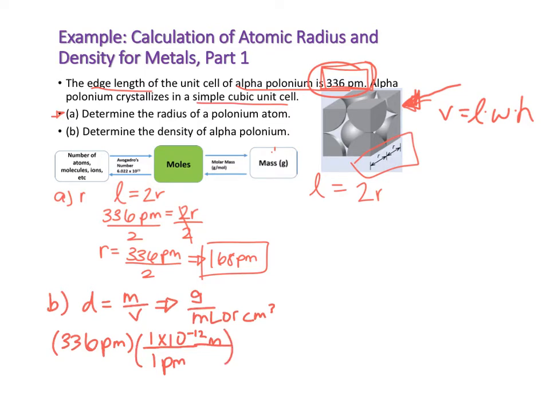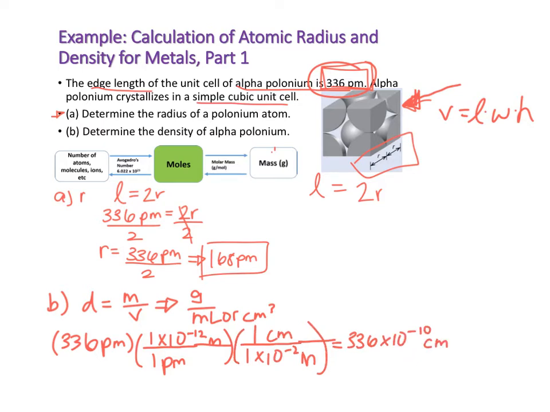Now we can convert to centimeters. So we are going to want meters at the bottom. So 1 times 10 to the negative 2 meters is equal to 1 centimeter. And from there you just plug it into your calculator and you should get your value. And we end up getting 336 times 10 to the negative 10th centimeters.